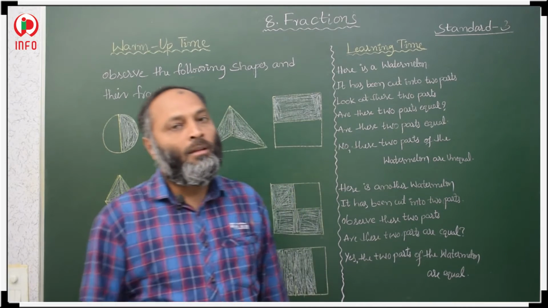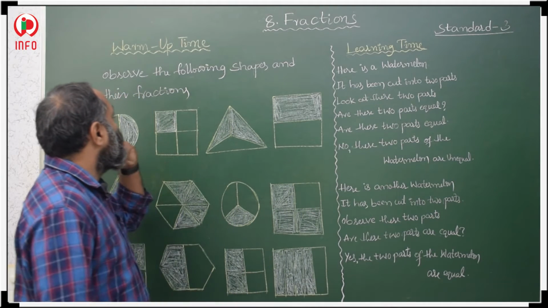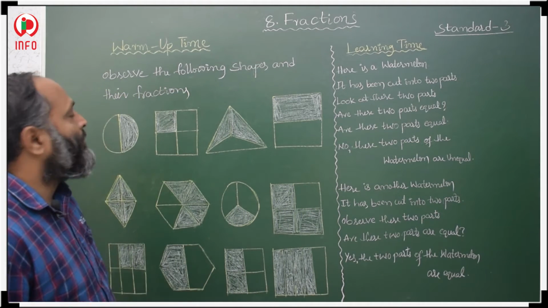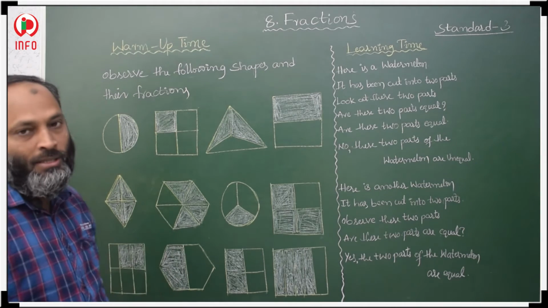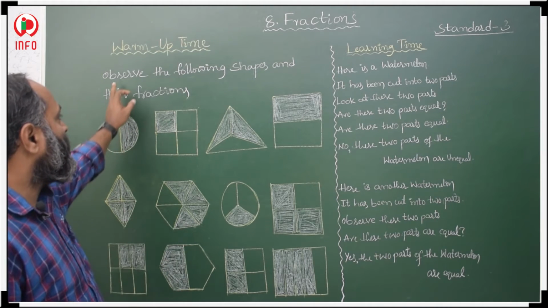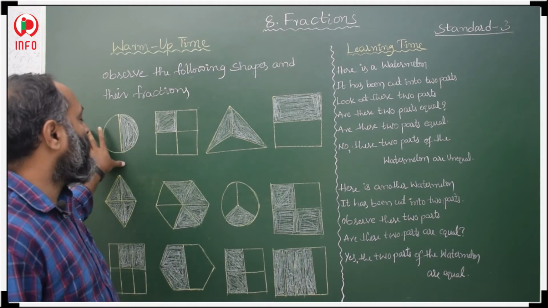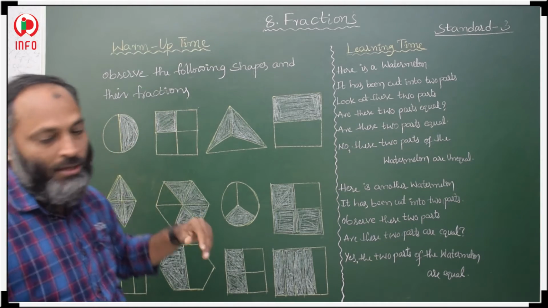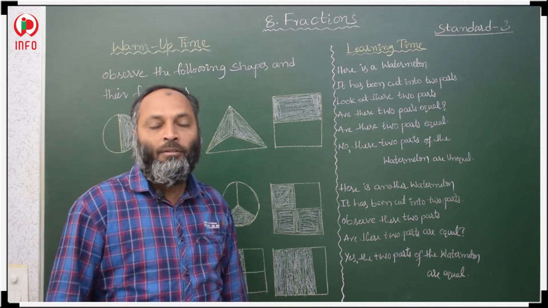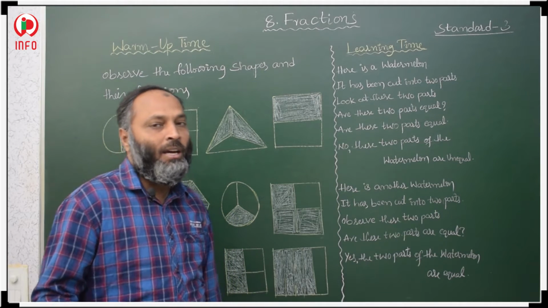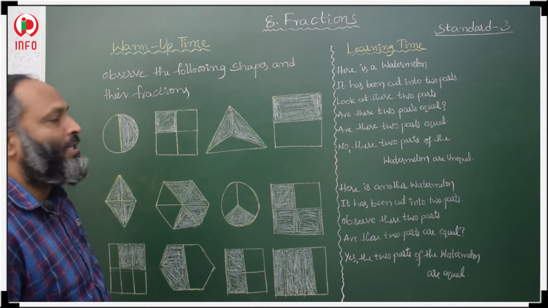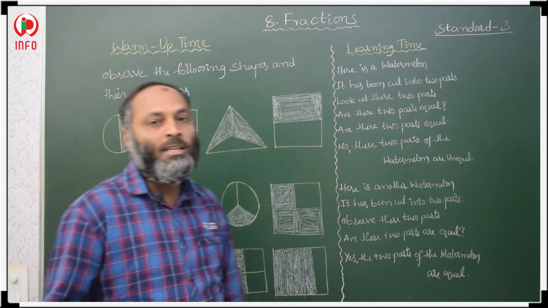Okay. Now the first concept is warm up time. He has given some pictures and is asking us to observe the following shapes and their fractions. We have to decide what fraction is shaded and what fraction is unshaded.